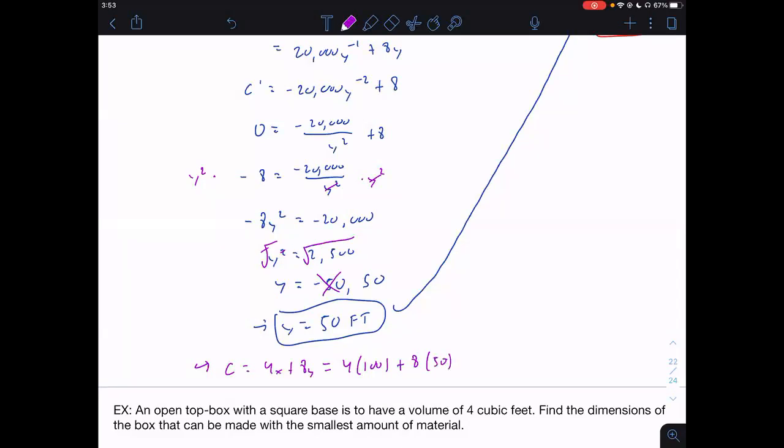So 4 times 100 plus 8 times 50 gives us a minimum cost, pretty cheap here, of $800. So that's our minimum cost to build this garden.